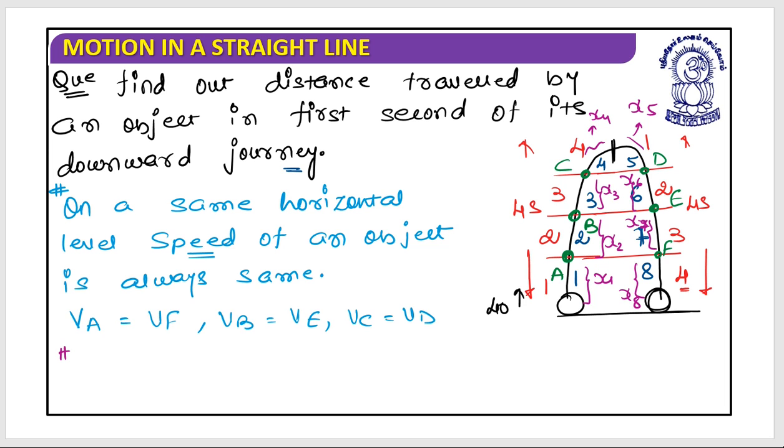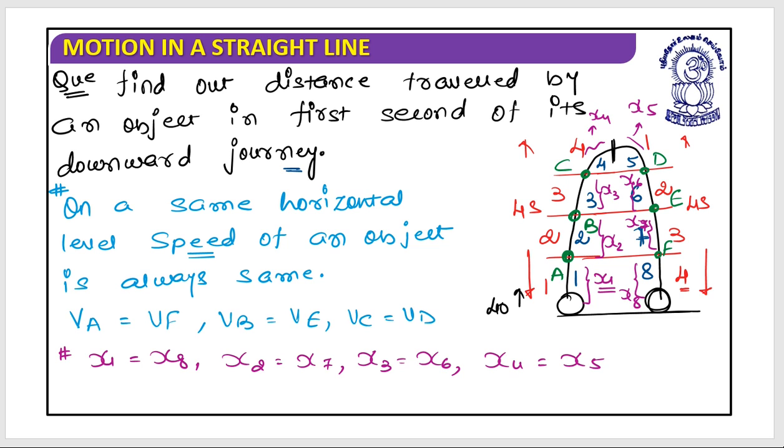I should say that x1 must be equal to x8, the distance traveled in the first second. Listen to this very carefully. The distance traveled in the first second and last second of a journey would always be equal. In the same way, x2 would be equal to x7, x3 equal to x6, and x4 equal to x5.